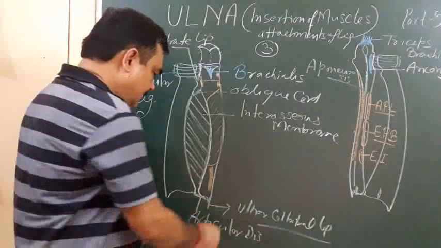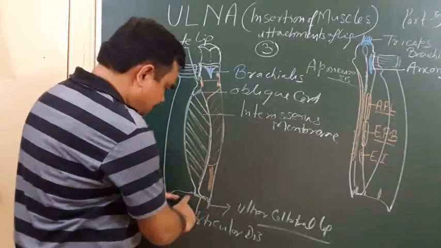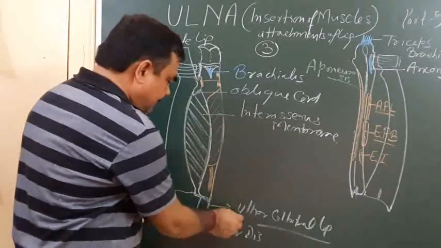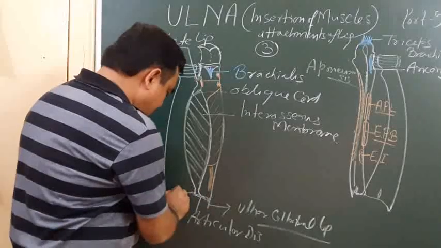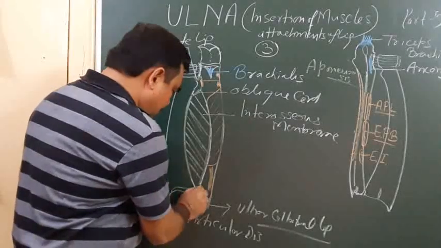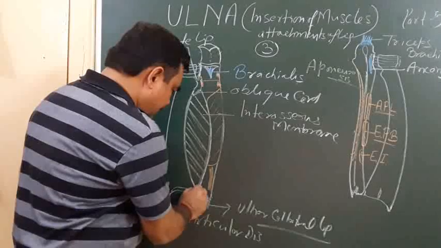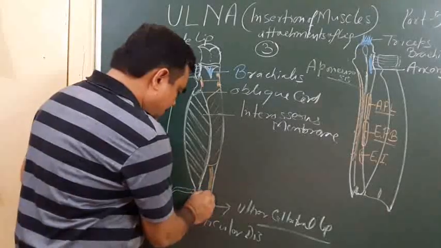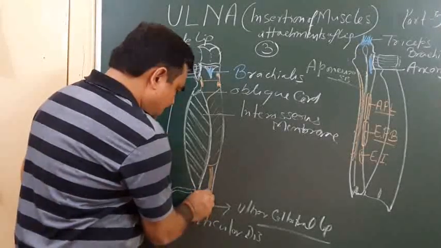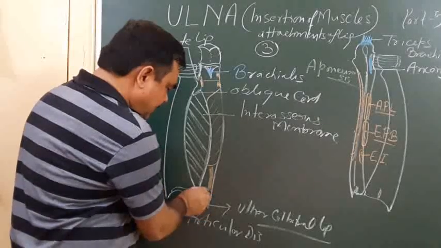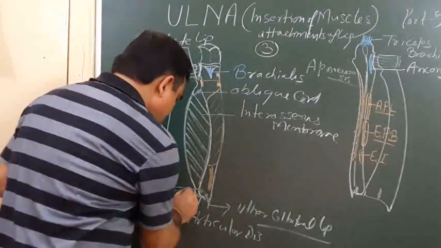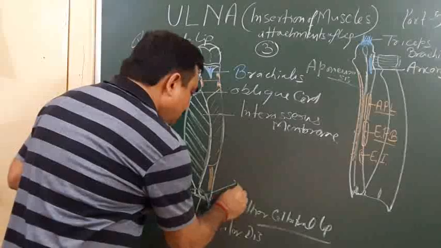So here ulnar collateral ligament is attached. And another thing is the capsule of the joint. This is the margin of attachment of the capsule of the joint, that is capsular ligament.